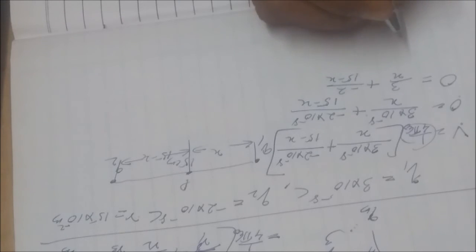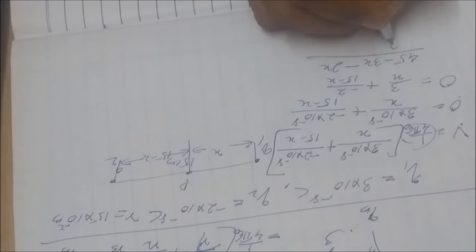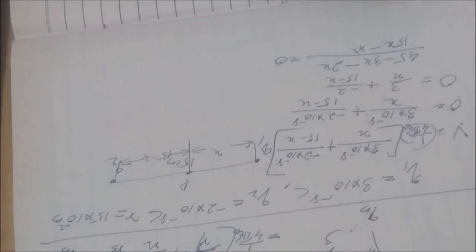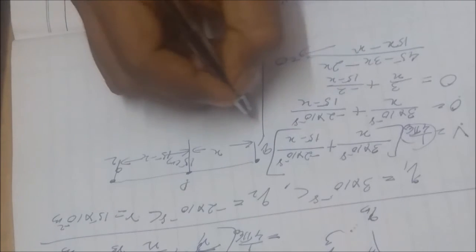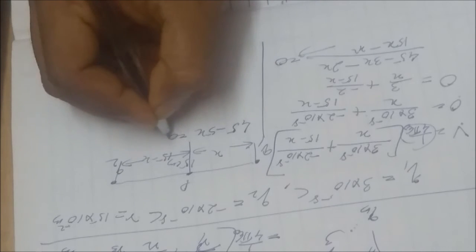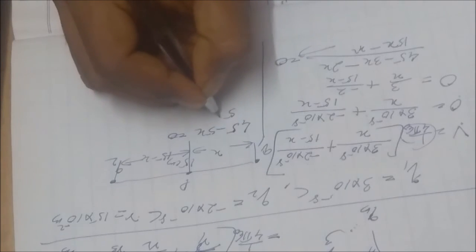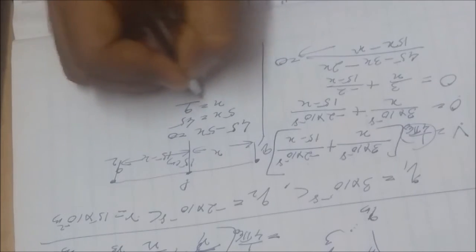Taking the LCM and simplifying, we got 45 minus 3x minus 2x divided by 15x minus x squared is equal to 0. On cross multiplying, we got 45 minus 5x is equal to 0, or 5x is equal to 45, x is equal to 9.